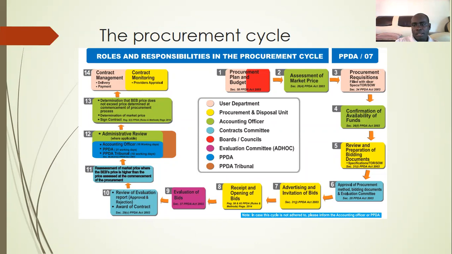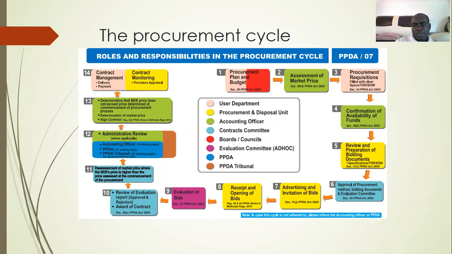Then the fourth cycle is confirmation of availability of funds. This is normally done with the accounting officer, with the guidance of finance or accounts, on whether the funds are available for that procurement. Then the fifth cycle is review and preparation of bidding documents. This is done by the procurement department, which puts together all the requirements to be put within a bid document.